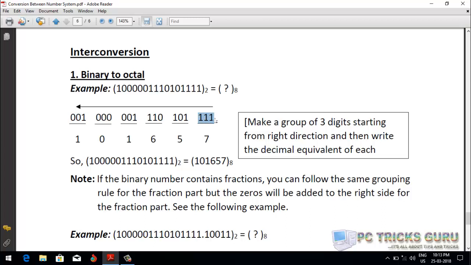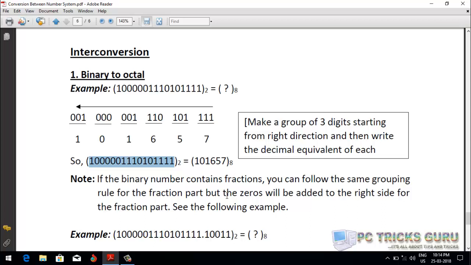So for 111 we have the decimal equivalent 7, for 101 we have 5, for 110 we have 6, for 001 it will be 1, for 000 it would be 0, and for 001 it would be 1. So the octal equivalent for this binary value would be 101657, so it's 101657 base 8.